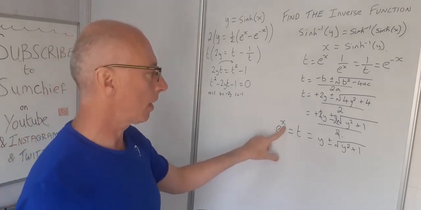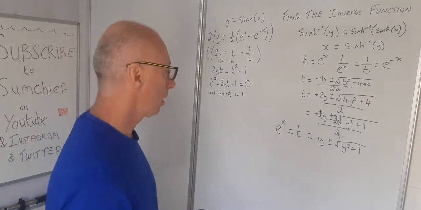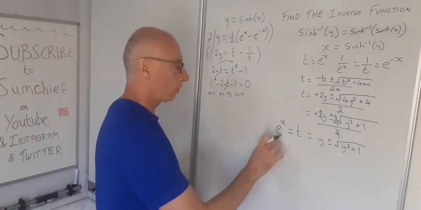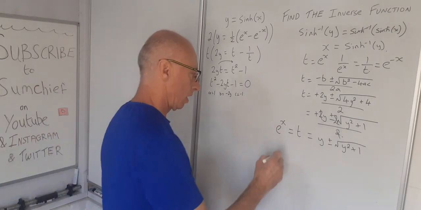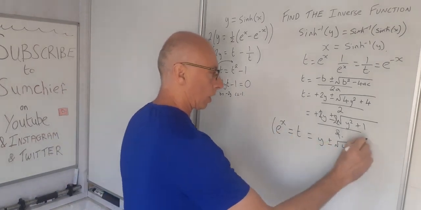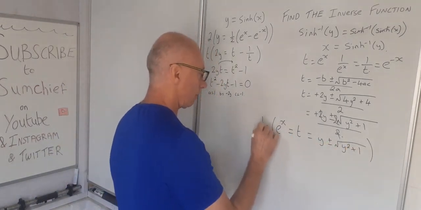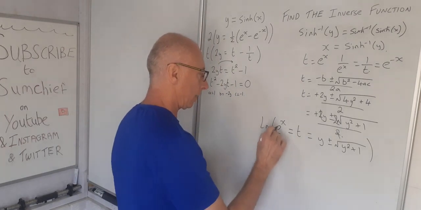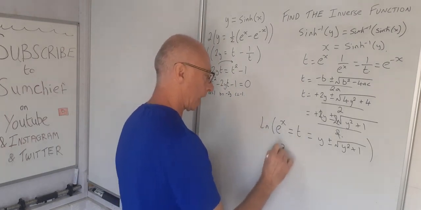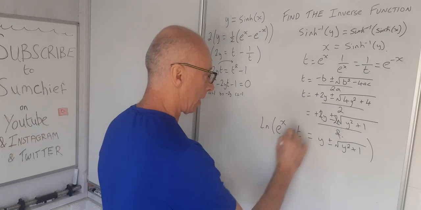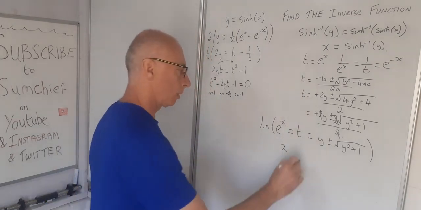So what we need to do is take the logarithm on both sides, thus getting rid of the exponential term here, getting x on its own. So if we go like this, take the logarithm. So ln of e to the x just becomes x. We won't worry about the t, that was just our dummy variable.